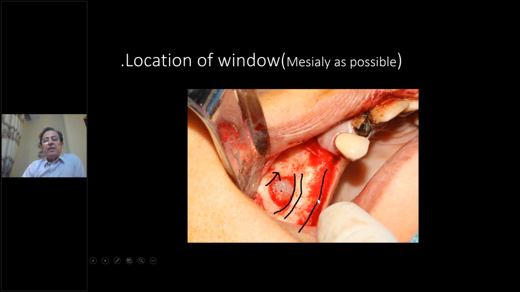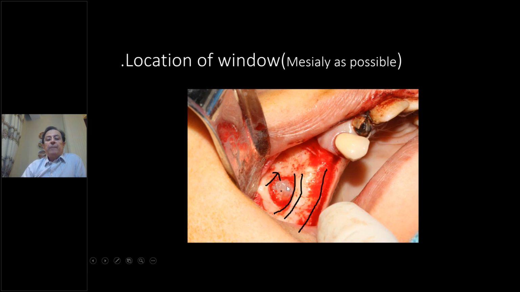And if we consider the crest and the floor of the sinus, the inferior border of the window must be around 2 or maximum 3 millimeters above the sinus floor.